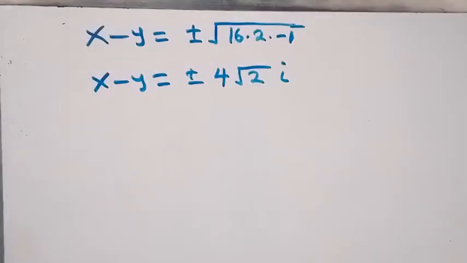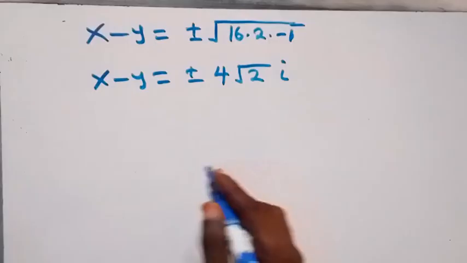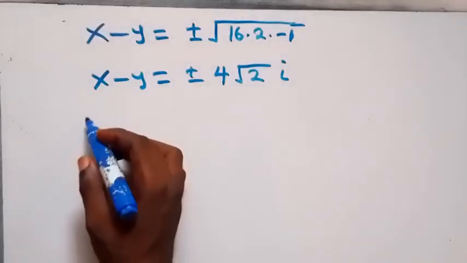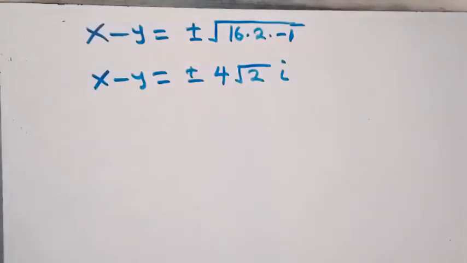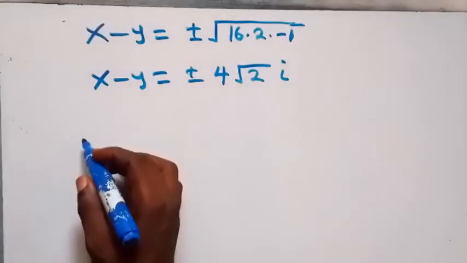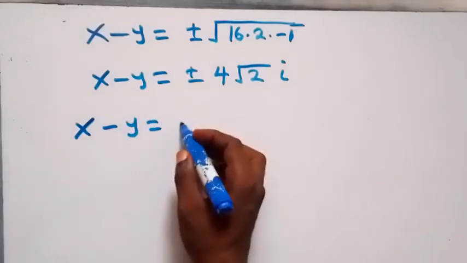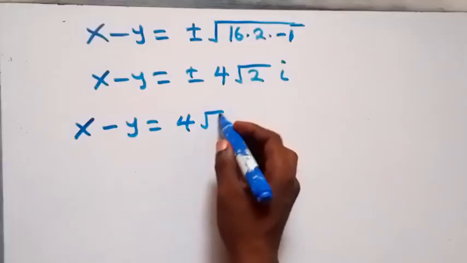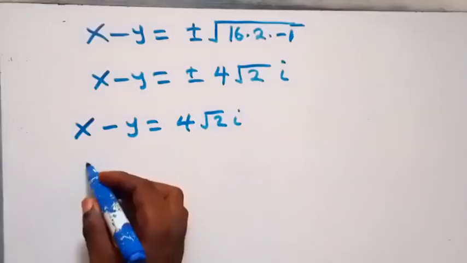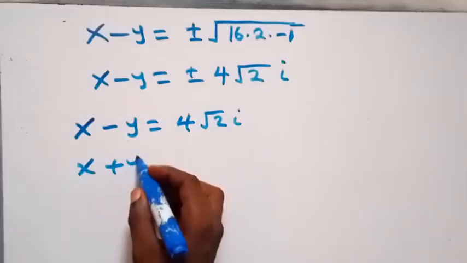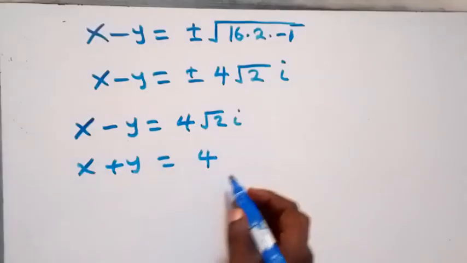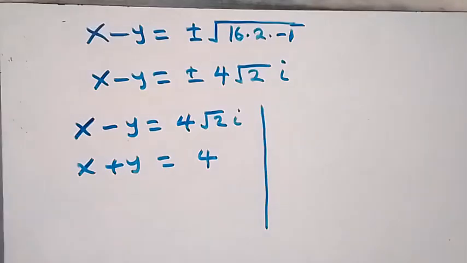Then here this gives us two cases of x minus y. So for the first one, we take it together with equation 1. So from here we have, if x minus y equals plus 4 root 2 i, and x plus y from equation 1 equals 4, here we can solve and get the values of x and y.